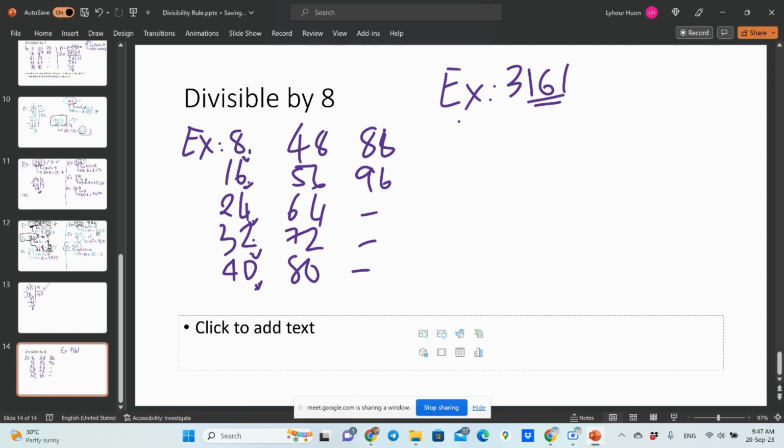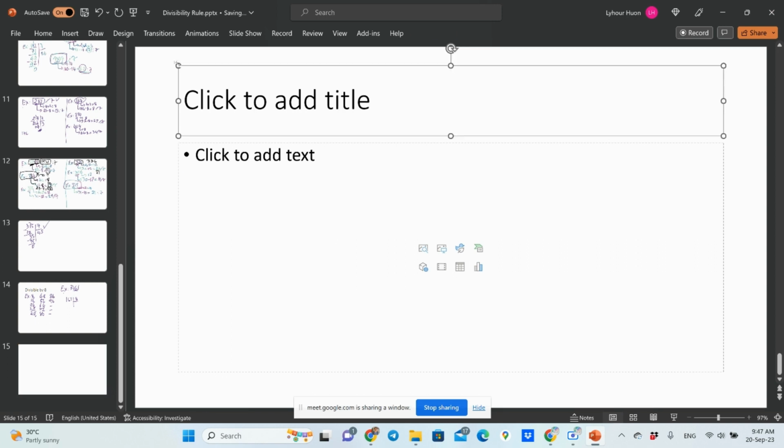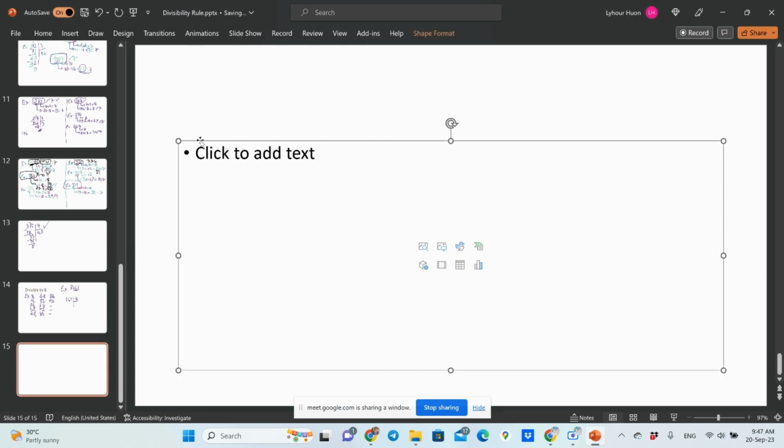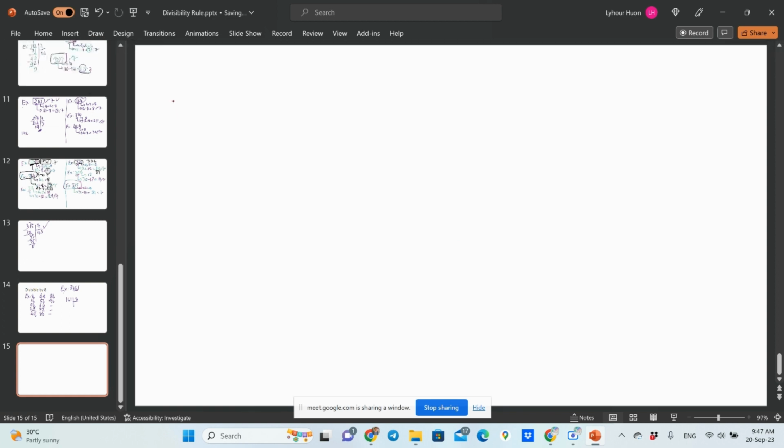But we want to know whether 1 6 is really divisible by 8 or not. Okay, I've got a number: 42. Can you give a random example?